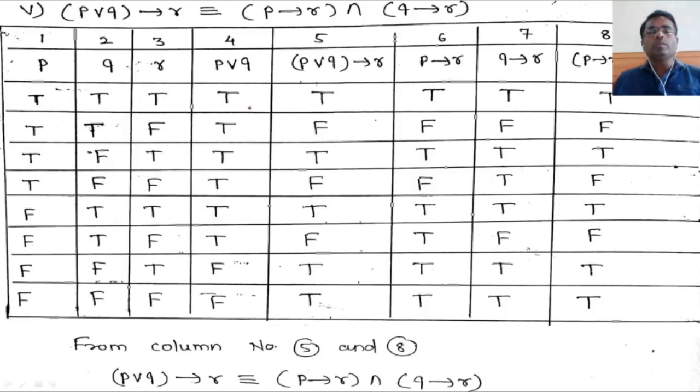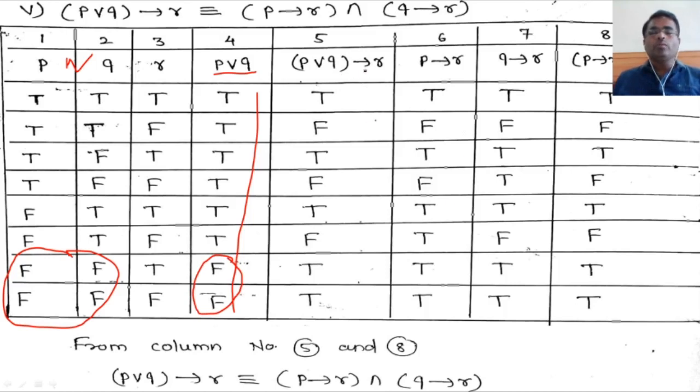Now we need to consider P or Q first on the left hand side. This becomes false if both the statements are false, otherwise it is true. So you have these values. Only the last two rows contain false, false.